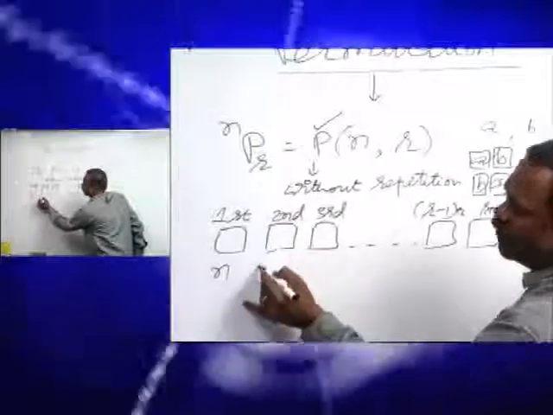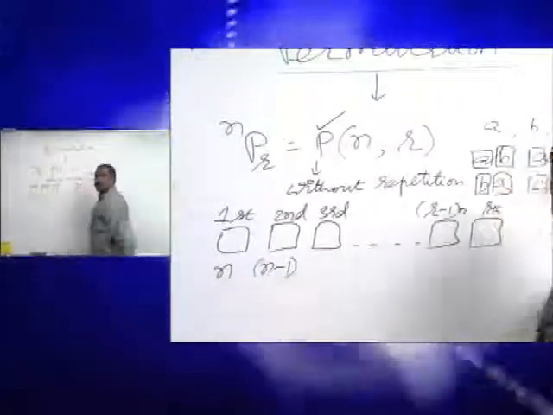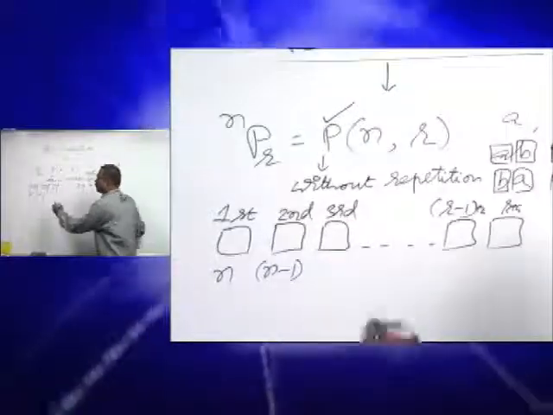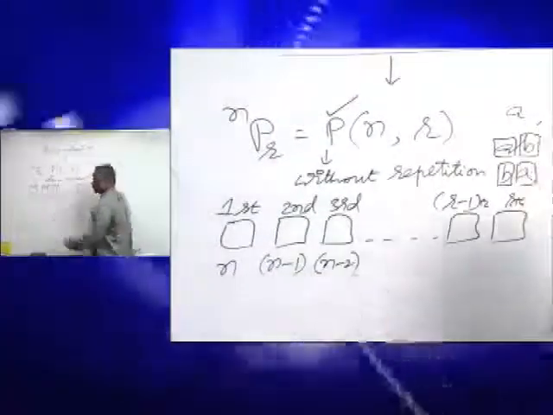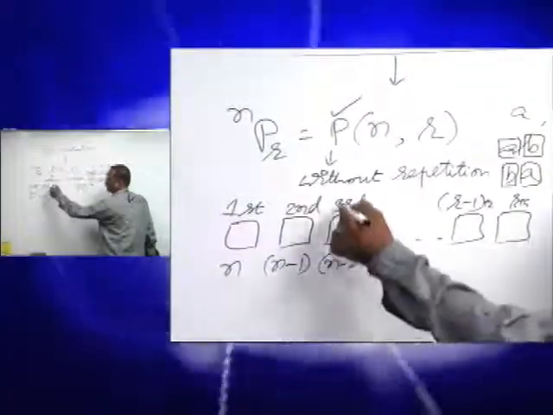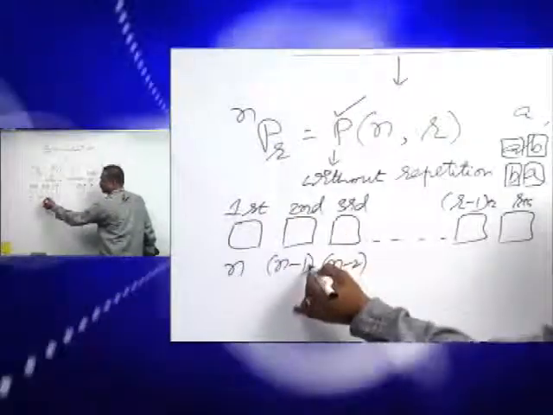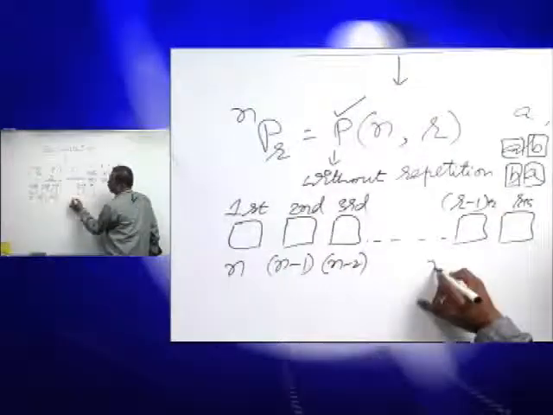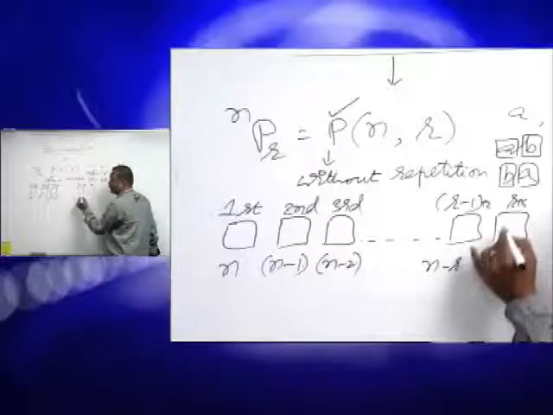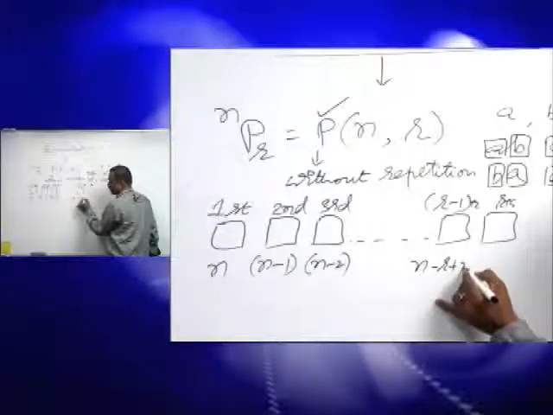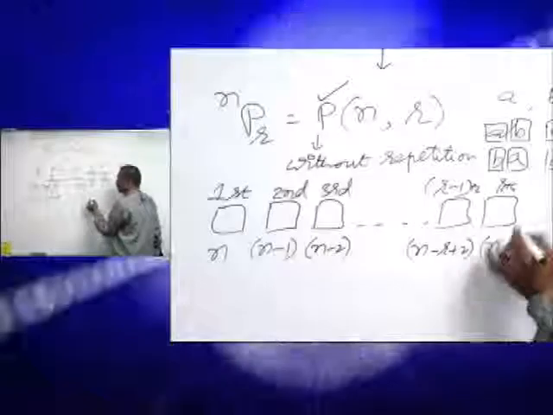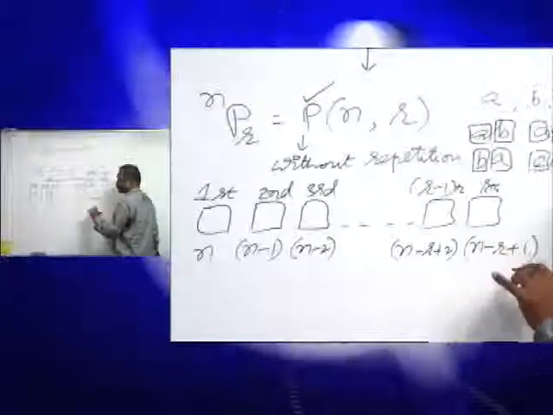Because one thing is already filled, there will be remaining only N minus 1 things. For the third blank place, there will be remaining only N minus 2 things. And so on. If it is 3, it is 2. If it is 2, it is 1. If it is R minus 1, it will be N minus of R minus 2, that is N minus R plus 2. And for the Rth it will be N minus of R minus 1, which is N minus R plus 1.